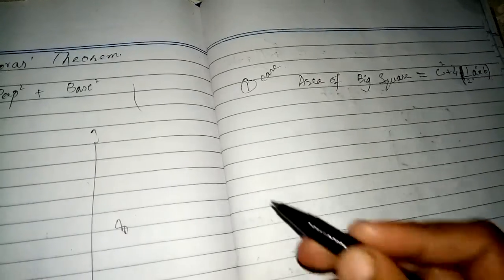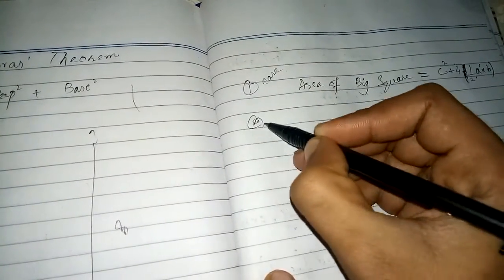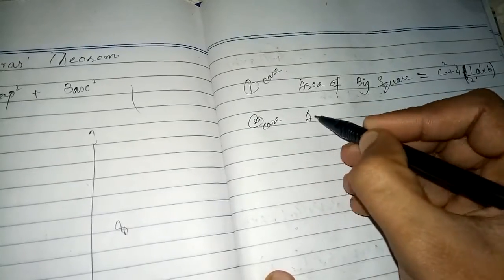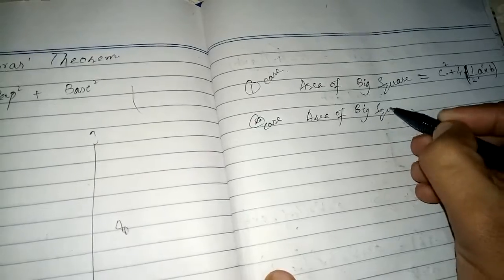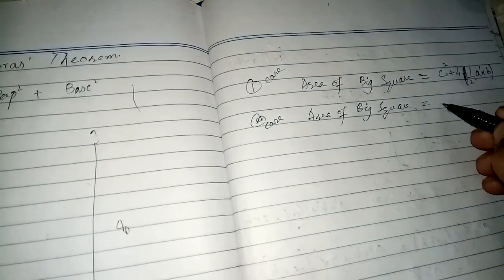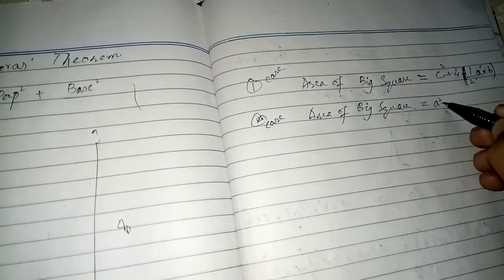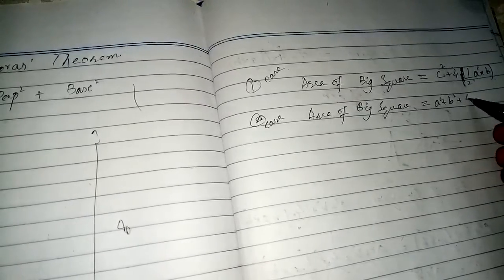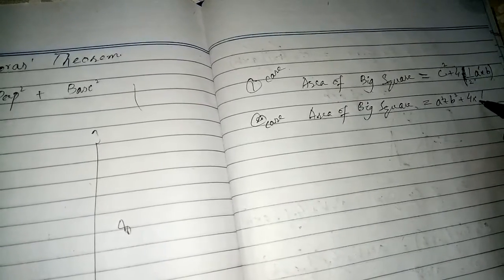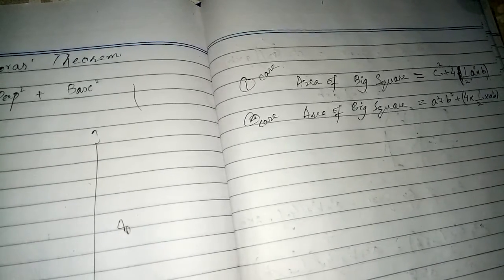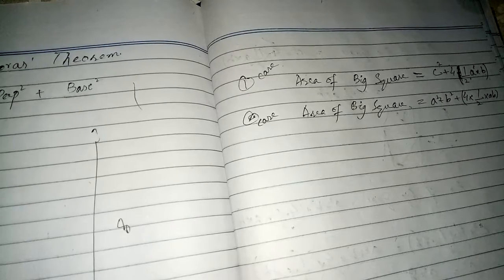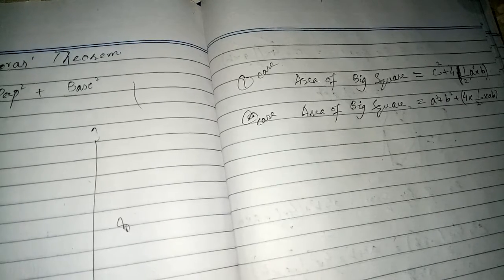And in the second case we have seen the area of the big square was A squared plus B squared plus 4 times the area of a symmetric triangle. So these are the 2 equations that have been built up for the area of the same big square.